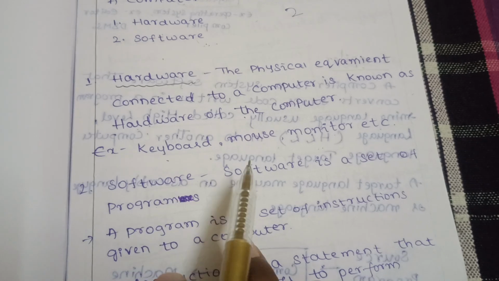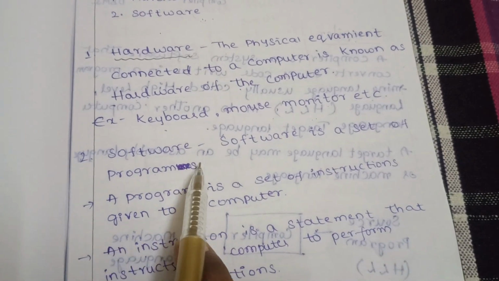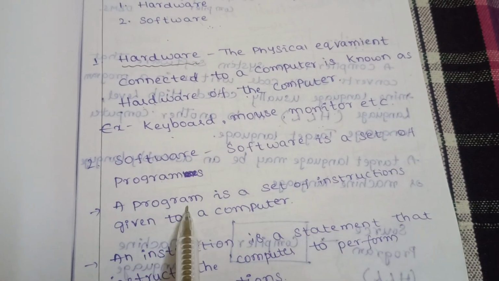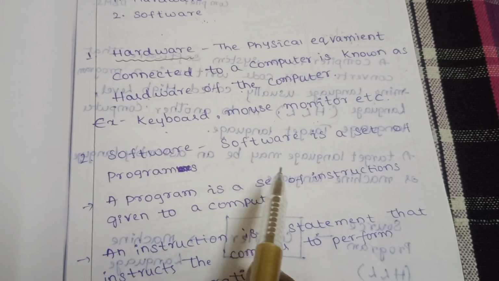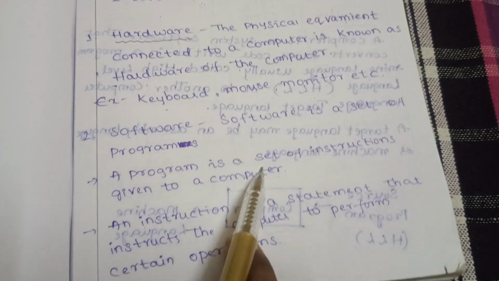Next, software. Software is a set of programs. A program is a set of instructions given to a computer.